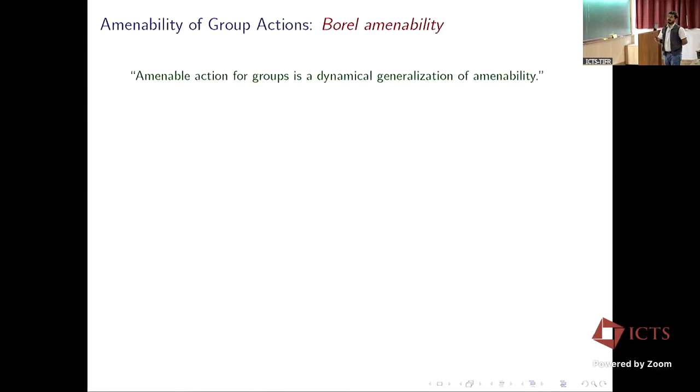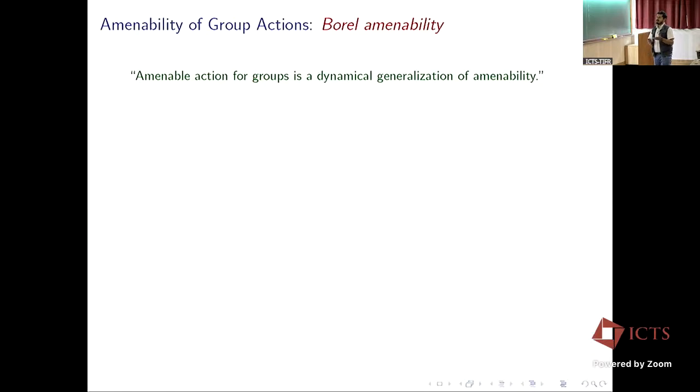So now we come to amenable action. We are looking at not groups, but group actions on spaces. Firstly, a measure space, a space with a quasi-invariant measure on it, and the group acting, and then we also look at some topological version of that.